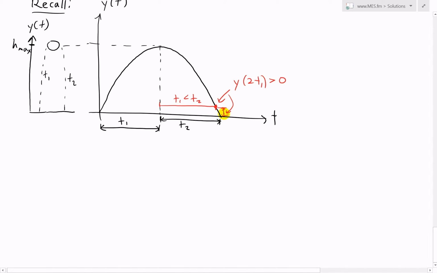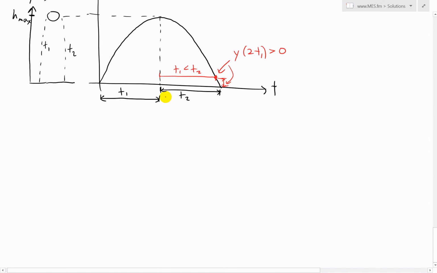So the ball is still in the air if t1 is less than t2. But if t1 is equal to t2, then this point is pretty much at 0, so y of 2 t1 equals 0 in this case.